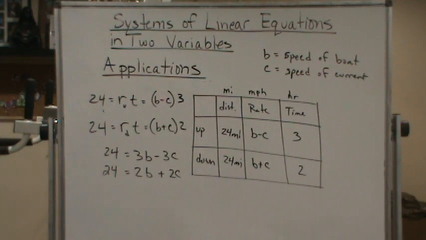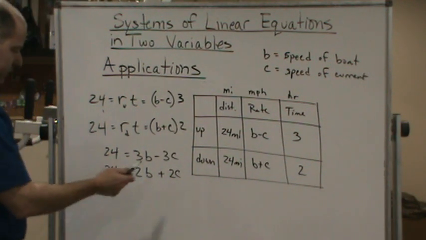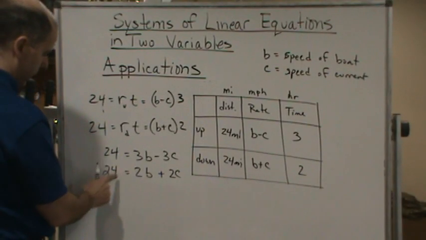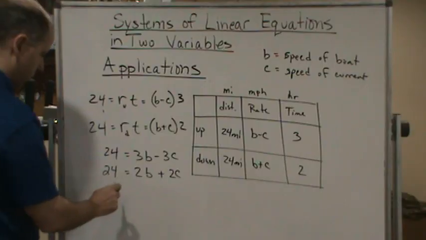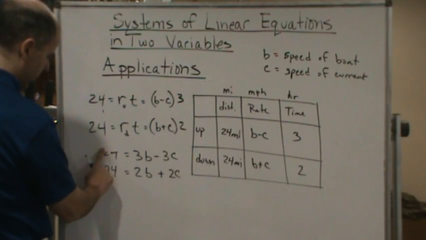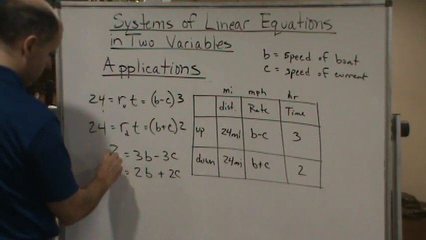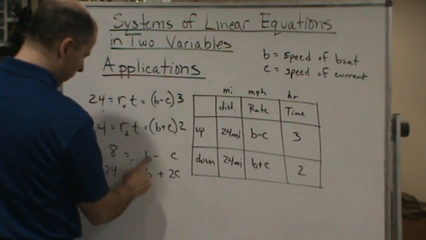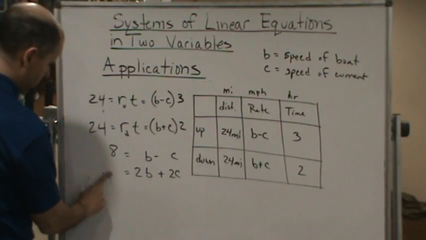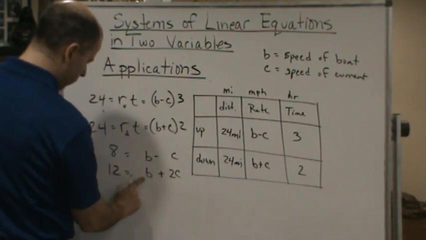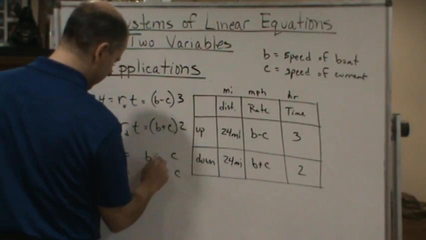Now, at this point here, look for ways of simplifying things. So 24 is divisible by 3 and 24 is divisible by 2. So if I divide through by 3, this becomes 8, and this becomes 1 and 1. And if I divide by 2, this becomes 12, and this becomes 1 and 1. And look at that.